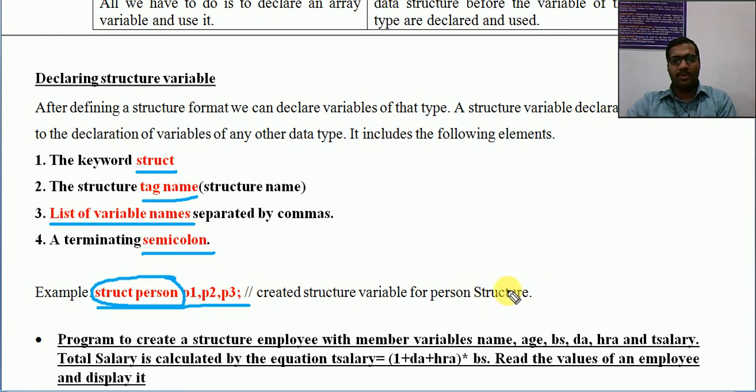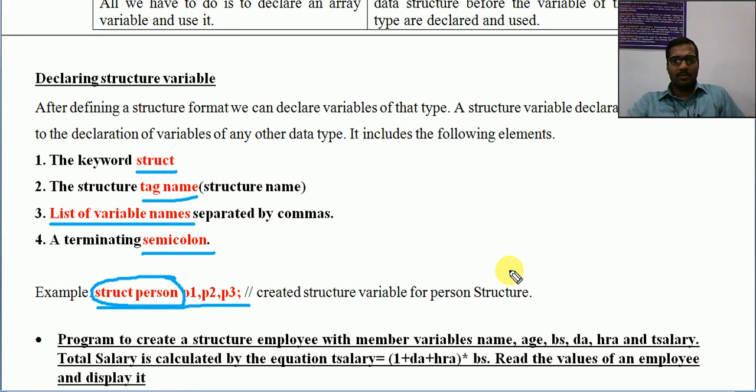Okay, so three things. First one is what is structure, why it is being used, and compare that with array, because while starting structure we need to have a comparison, because we need to know the difference. Then structure definition, how to create a structure data type, then how to declare, how to create a structure variable.